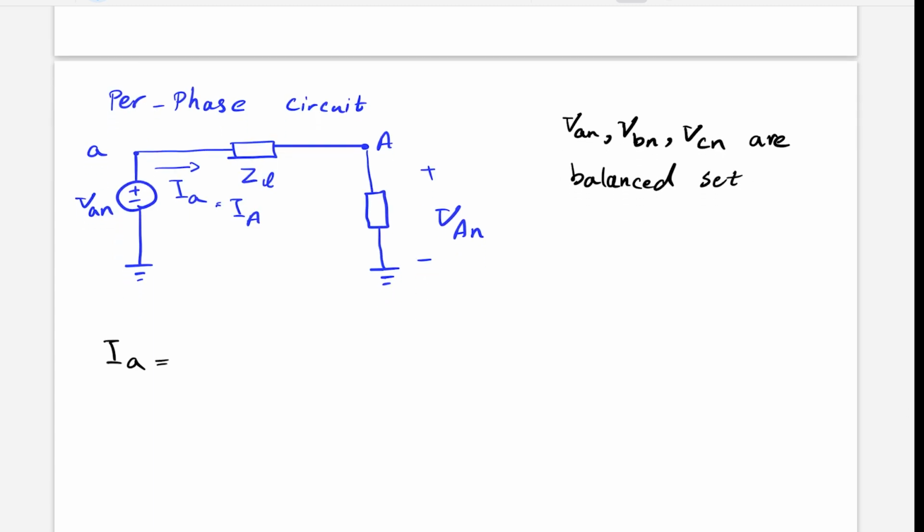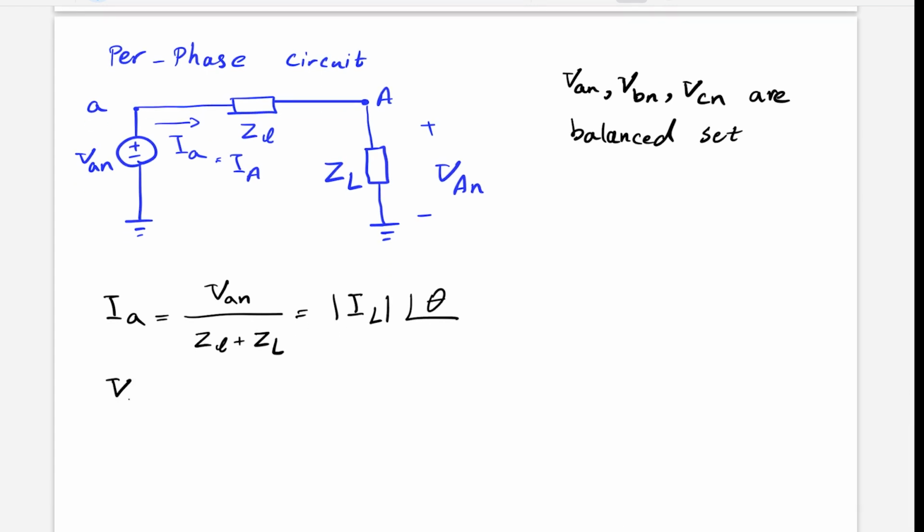With Ohm's law, you can say it is the potential difference over the impedance, right? So this will be VAN over ZL plus this ZL, which is the load impedance. This will have a magnitude, let's call it IL, with some phase, let's call it theta.